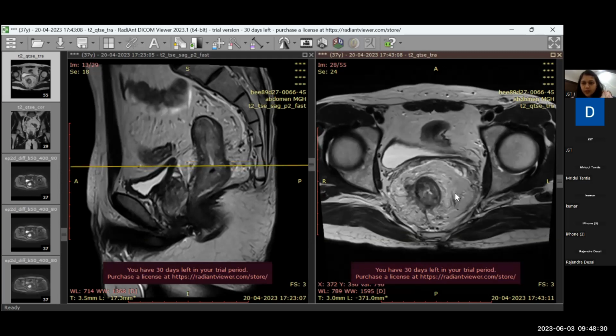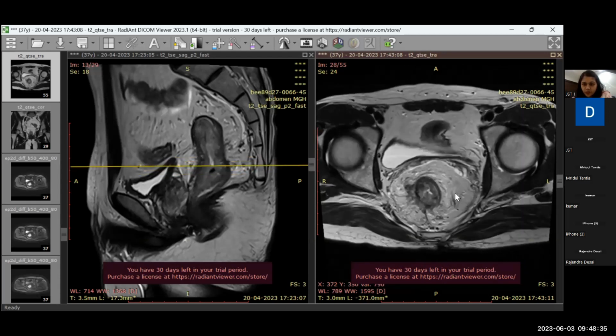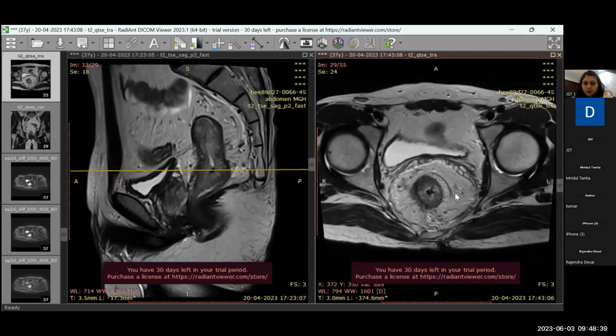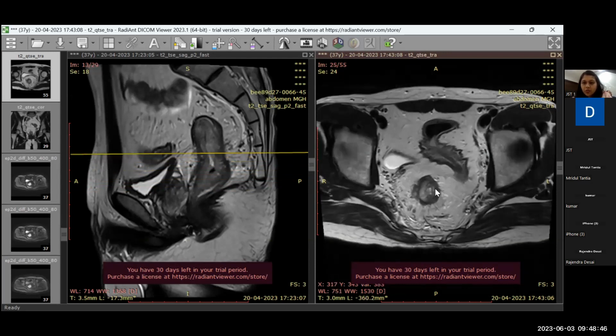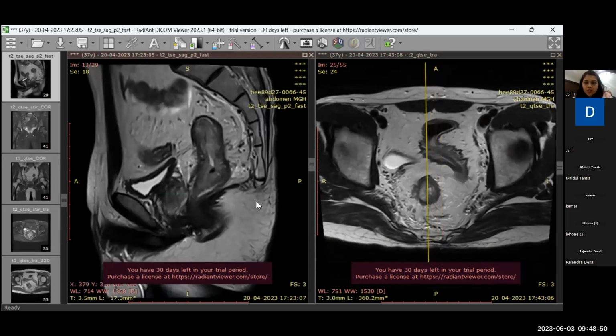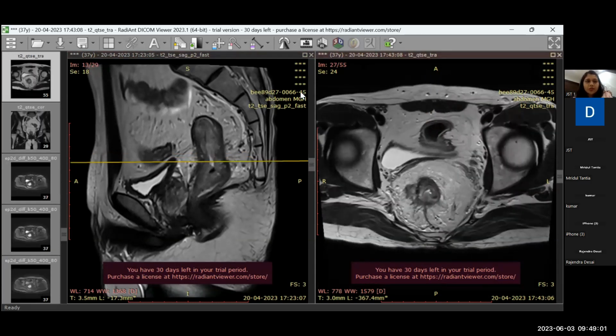But still, the T3 staging can be clearly talked about. And this is the tumor, and we can see the tumor projecting beyond the muscularis propria, and this appears to be the most invading portion. First of all, we'll see the tumor and tell the location of the tumor with respect to the anal verge, and then the distance from the MRF.